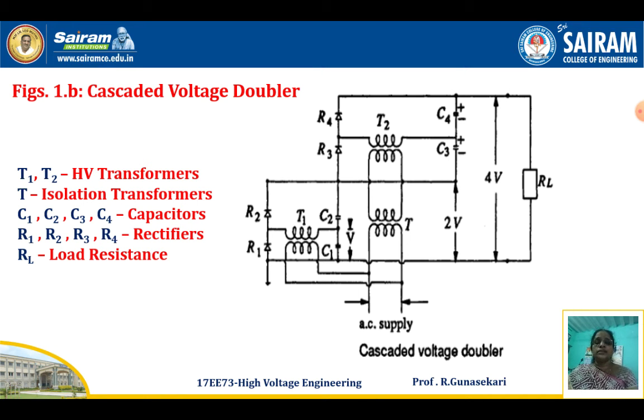So the voltage across the load resistance in the cascaded voltage doubler is 4V. But the voltage across the load resistor RL in the simple voltage doubler is 2V. So due to the cascade connection, the output voltage is doubled.